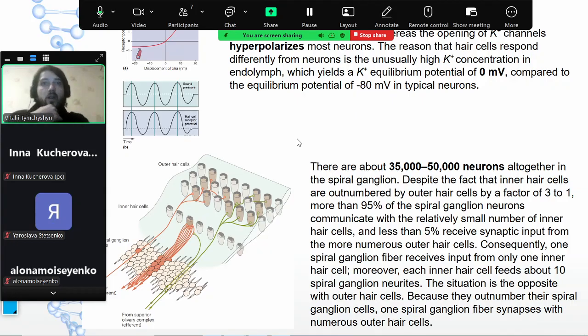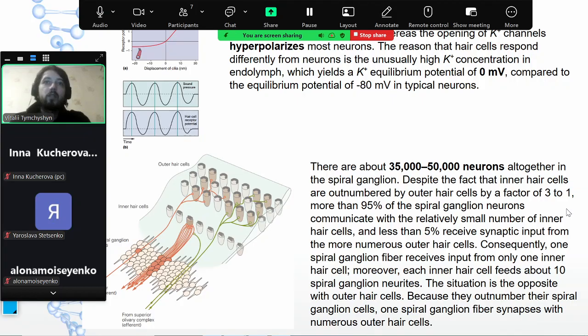What's interesting, there are also neurons. In the spiral ganglion, you have something like 35 to 50,000 neurons. And despite the fact that inner hair cells are outnumbered by the outer hair cells by a factor of 3 to 1, more than 95% of spiral ganglion neurons communicate with a relatively small number of inner hair cells, and less than 5% receive synaptic input from the more numerous outer hair cells.